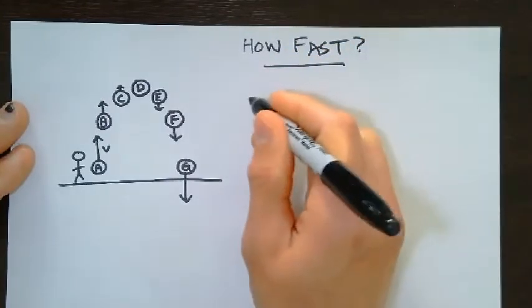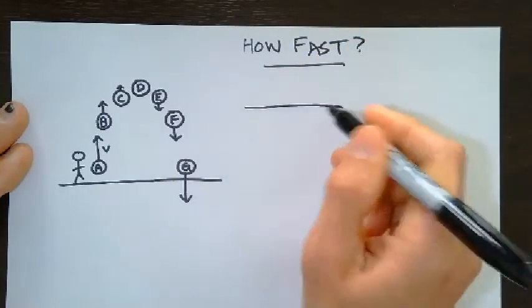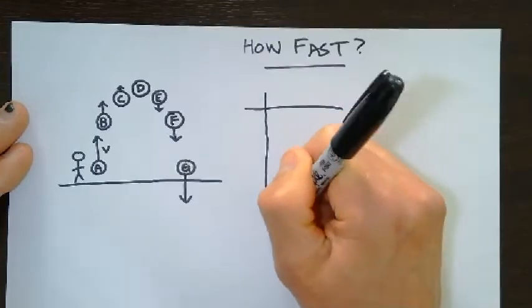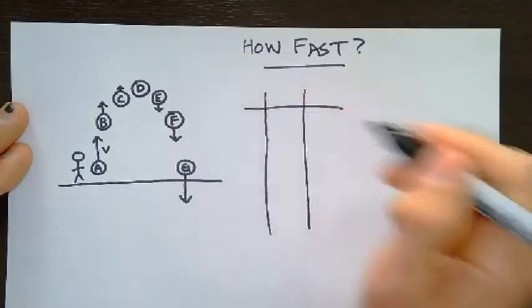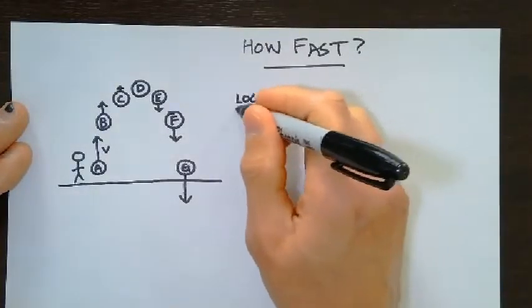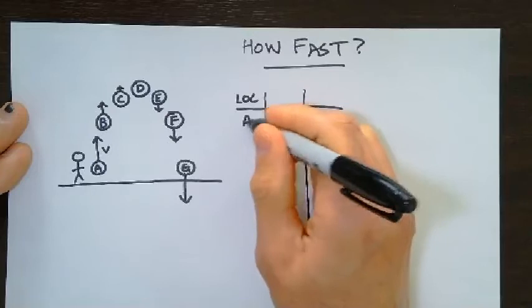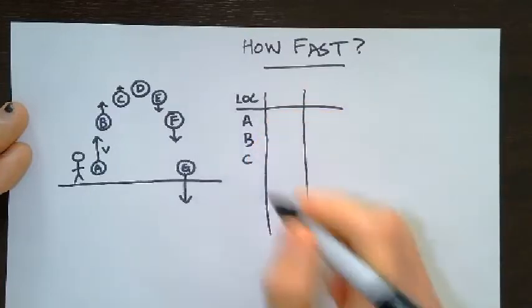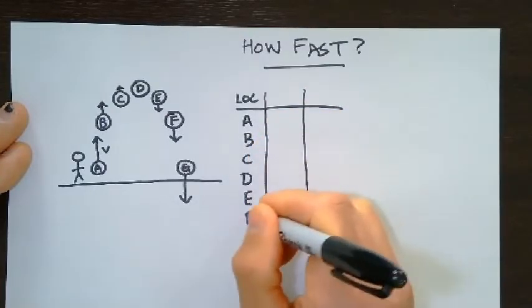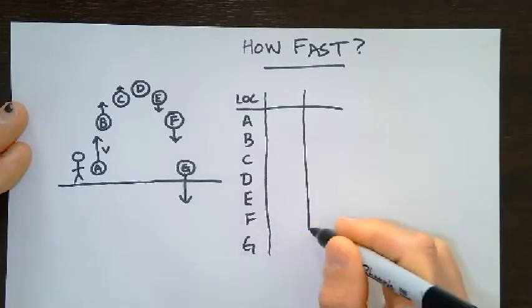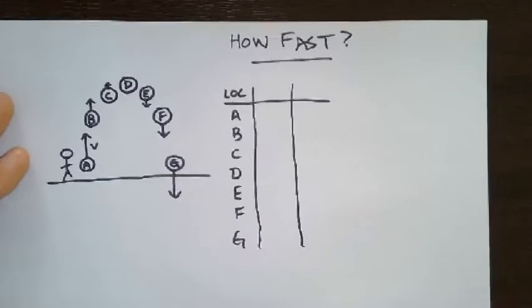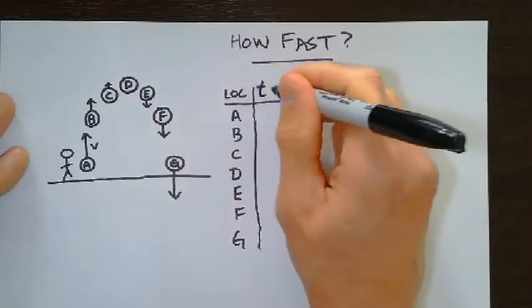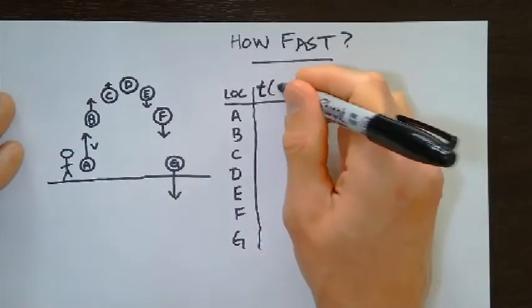And so let's make a table. We'll make three columns. The first column is going to be the location, and so it's going to be A, B, C, D, E, F, and G. And then we're going to look at the time, and we're going to record that in seconds.